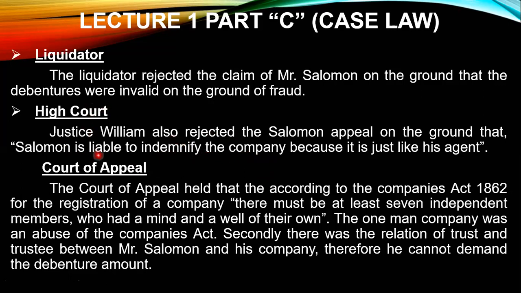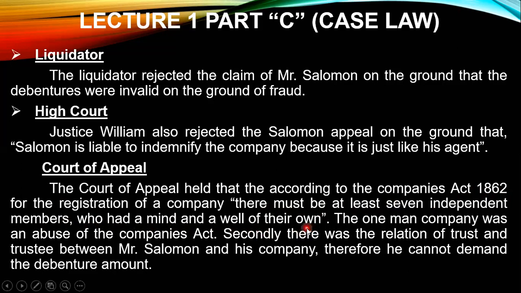Mr. Solomon filed an appeal to the Court of Appeal. The Court of Appeal also rejected the application of Mr. Solomon on the ground of the Companies Act 1862. At that time, the Companies Act 1862, under which Mr. Solomon had registered his company, states that there must be at least 7 independent members who have a mind and will of their own.